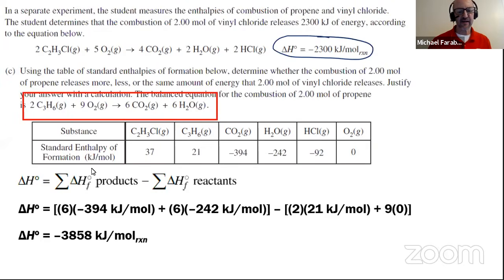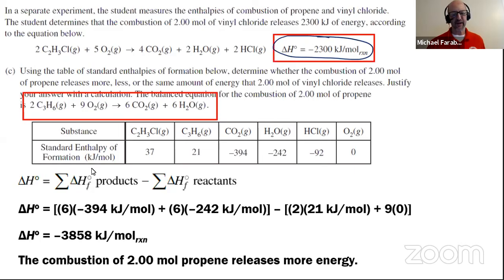So the question had said, determine whether the combustion of 2 moles of propene, which is C3H6, releases more or less energy than the combustion of 2 moles of vinyl chloride. So again, because 3858 is a larger magnitude than 2300, the combustion of 2 moles of propene releases more energy.